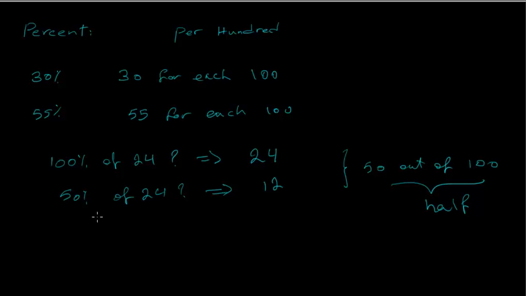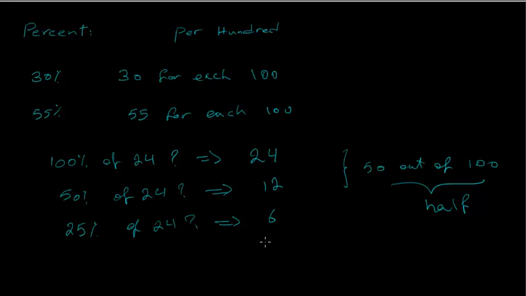Let's say if we have 25% of something, it means, since percent means out of 100, we write the percent sign as a handy way to write a fraction with a common denominator of 100.